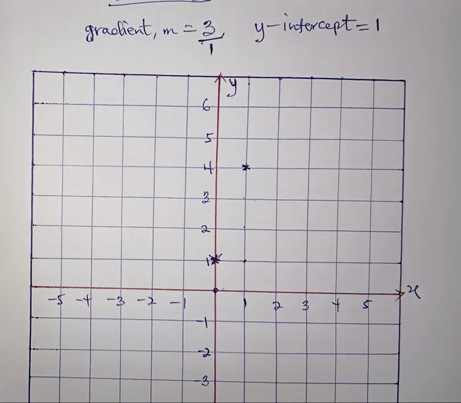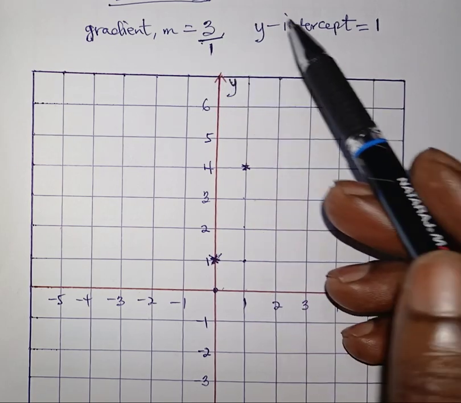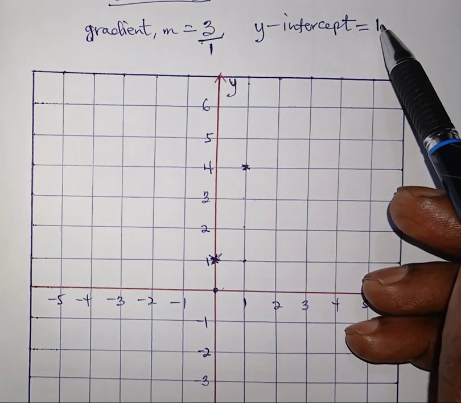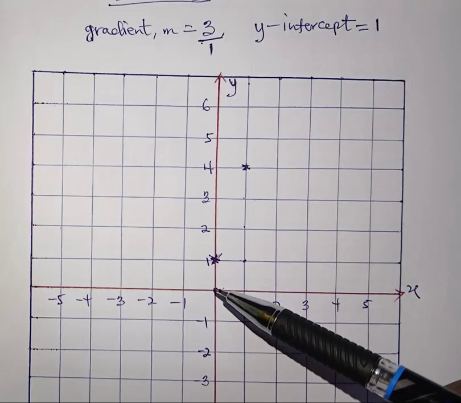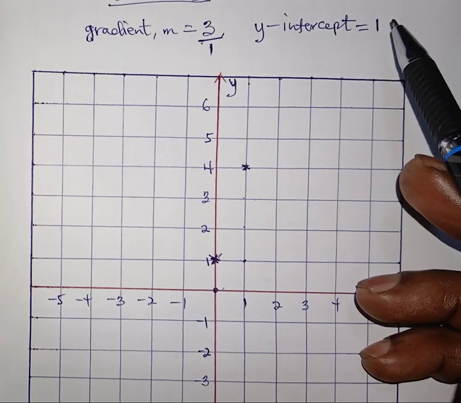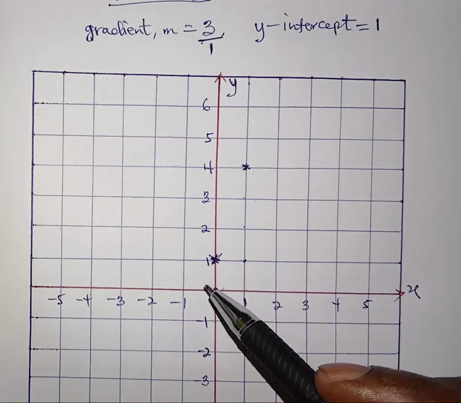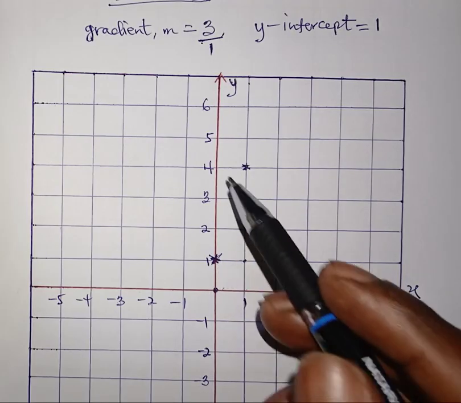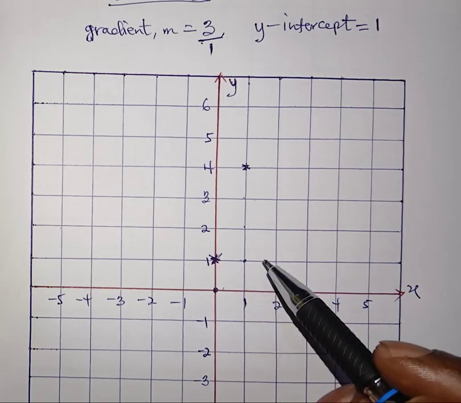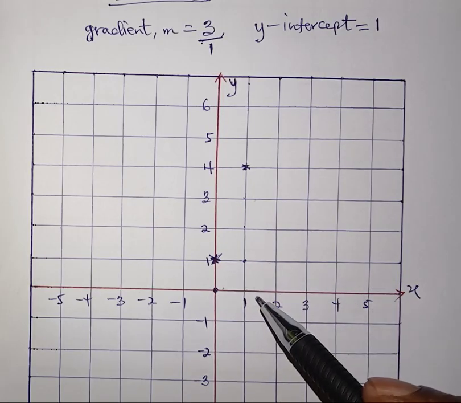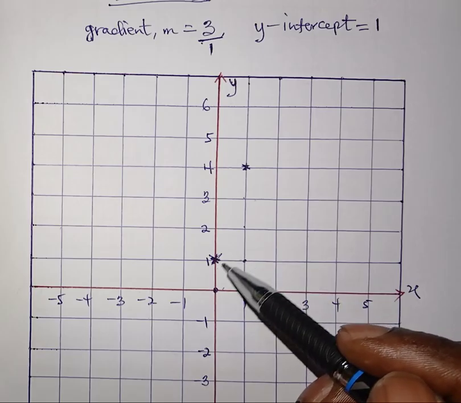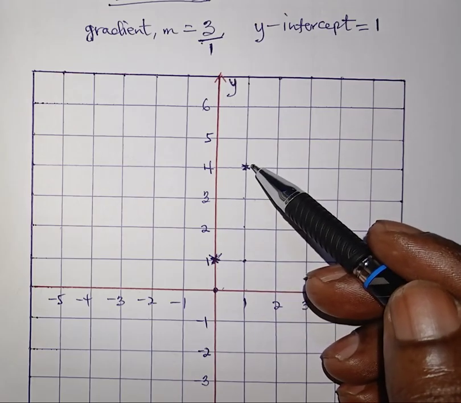Have you gotten that? So you see how we can also use the gradient. If you understand this concept, then this is very, very easy for you. Okay, so once I indicate my y-intercept, it means that at the point where the graph crosses the y-axis, if I move 1 unit to my right, the graph has to rise 3 units upwards.